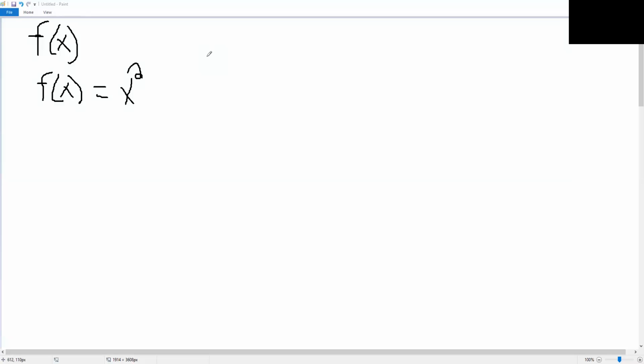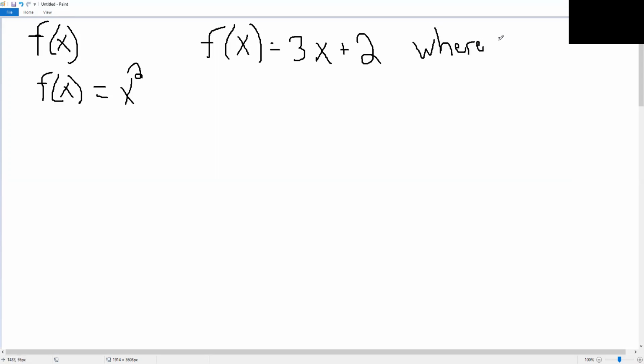So let's say they'll give you something like this. f of x equals 3x plus 2, where x equals 5. And you have to solve this.